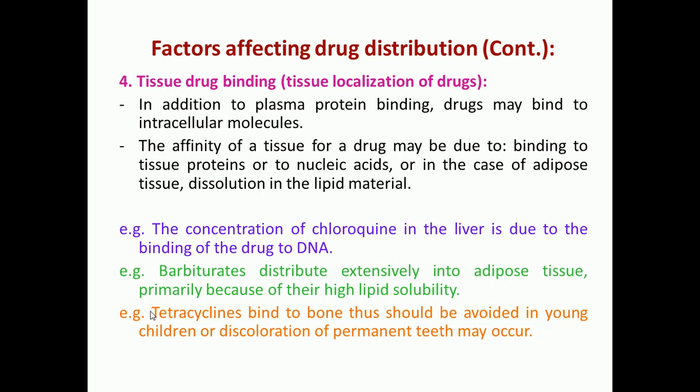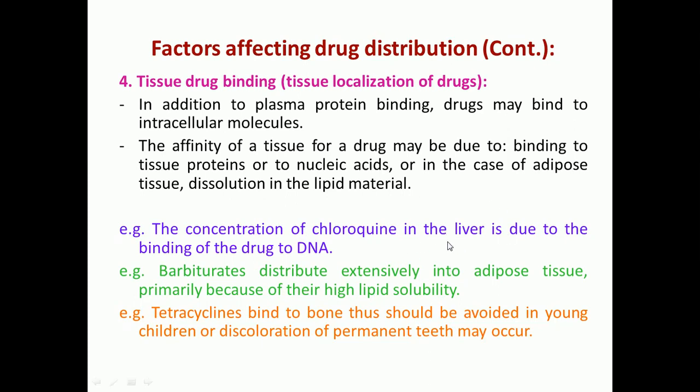So, tissue drug binding. We already discussed that certain drugs, for example chloroquine, a very hot drug nowadays, is found in the liver due to the binding of the drug to DNA. It is almost 1000 times greater in quantity in liver as compared with plasma.